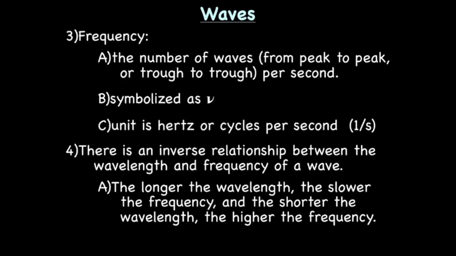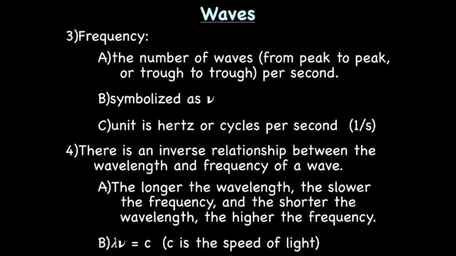So here it is written: the longer the wavelength, the slower the frequency. That would be a wave like that. And the shorter the wavelength, with peaks closer together, the higher the frequency, and that would be a wave that looks something like that.